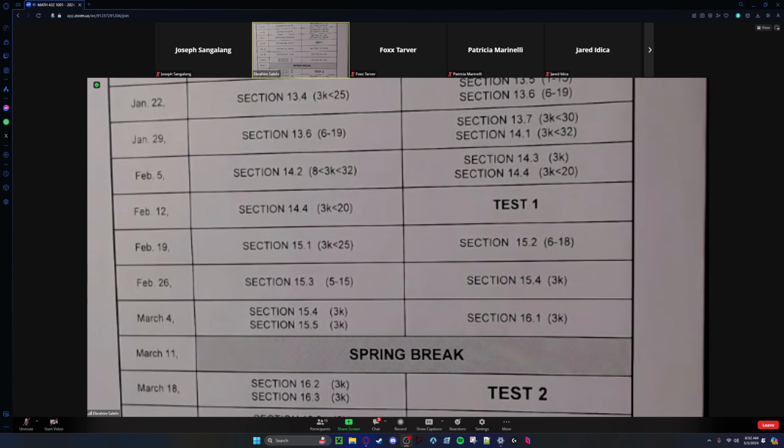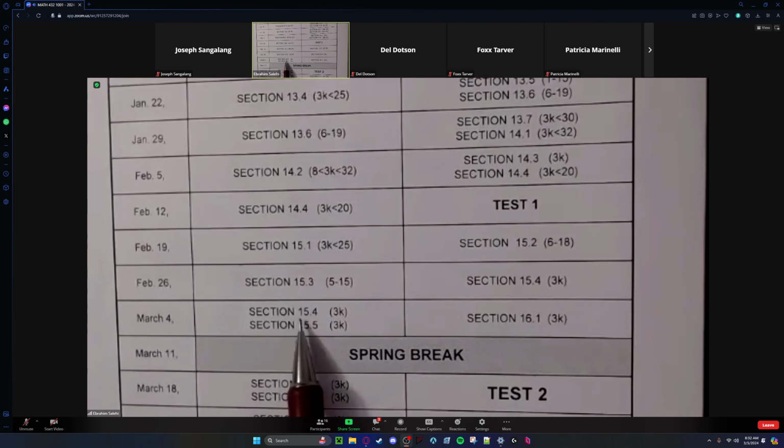I am trying to follow this spreadsheet, and every once in a while, I am a little off, which means, for example, today, I have already talked about 15.4, and we are going to skip 15.5.